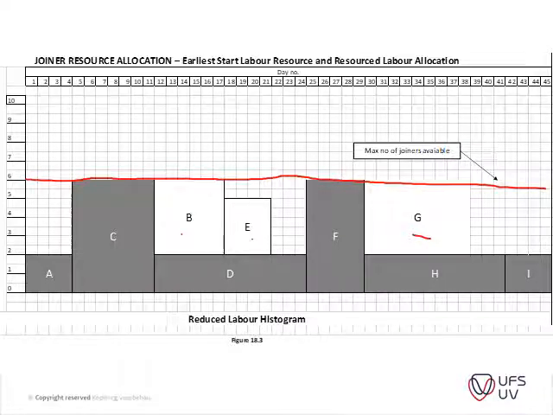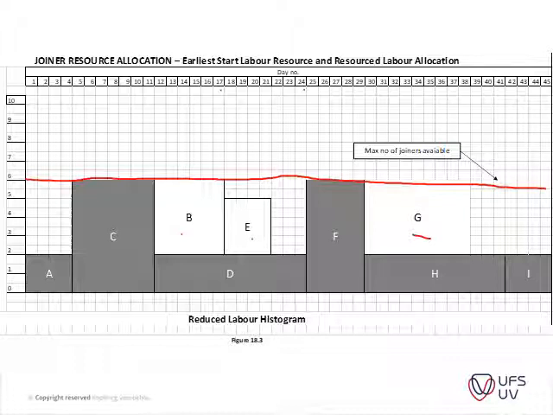This is shown in figure 3. The solution is not ideal, however, because there's a fall in demand during days 17 to 24. That's now from there to there. This gives the site manager a problem from a labor control point of view, because the joiners may find work on other sites.